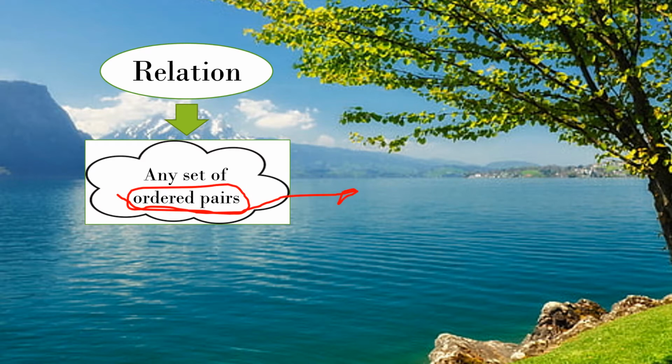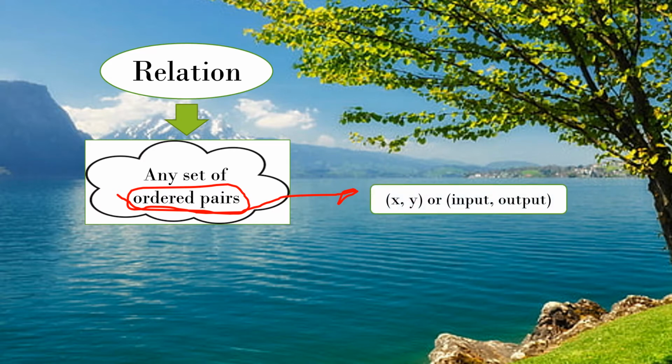Ordered pairs are values of x and y, or the input and output. Or in other words, ordered pairs are a set of points. Did you understand? Okay.